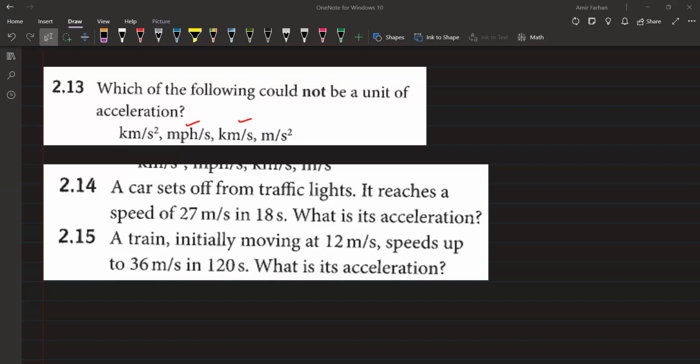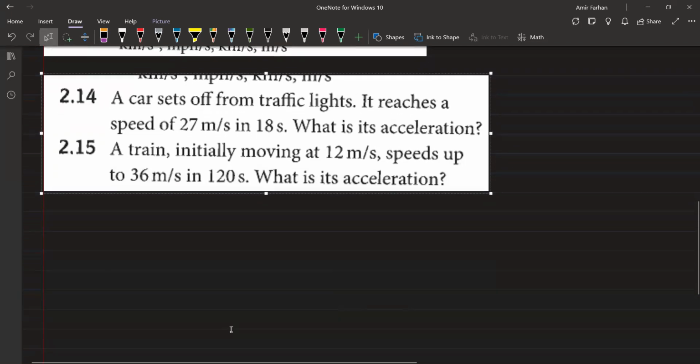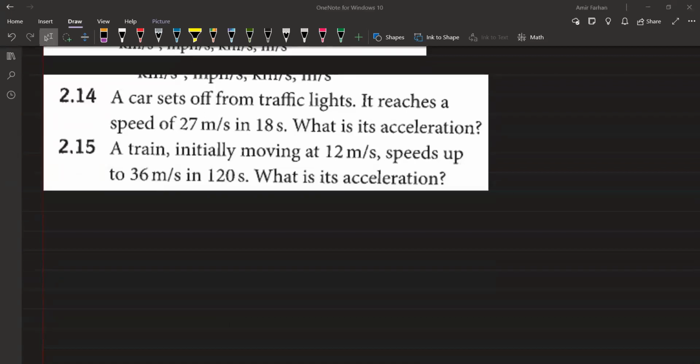A car sets off from a traffic light. It reaches a speed of 27 meters per second in 18 seconds. What is its acceleration?